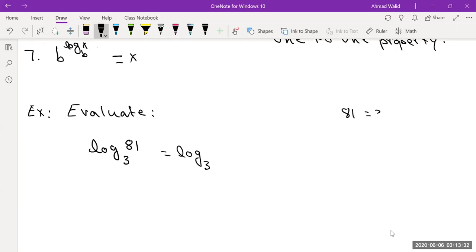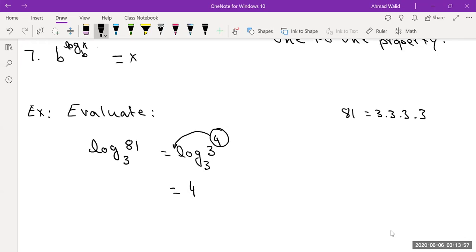81 is actually 3 times 3 times 3 times 3. If I multiply 3 by itself 4 times, it gives me 81. Then instead of 81, I will write 3 to the power of 4. Now, based on the rules of logarithms, you can always bring the exponent to the front, correct?